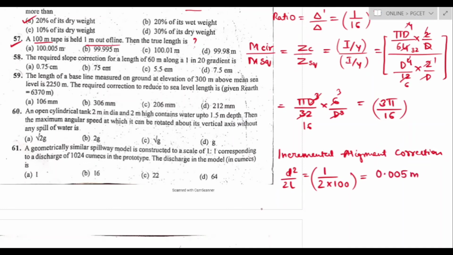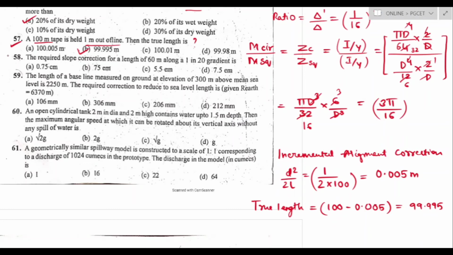By subtracting this correction from the original tape length, the true length will be 100 minus 0.005 meter, so the true length will be 99.995 meter. So option B will be the right answer, that is 99.99 meter.